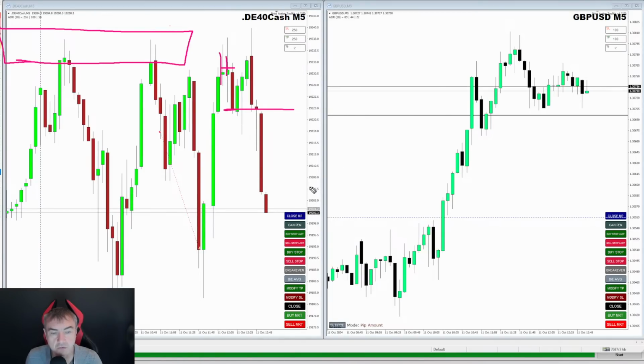We would have taken a short there. We'd have had a stop loss, which would have been, that stop was there. So that stop would have been somewhere up here. And our TP, which was there, would have been a bit higher, about here. So that trade also would have worked today.